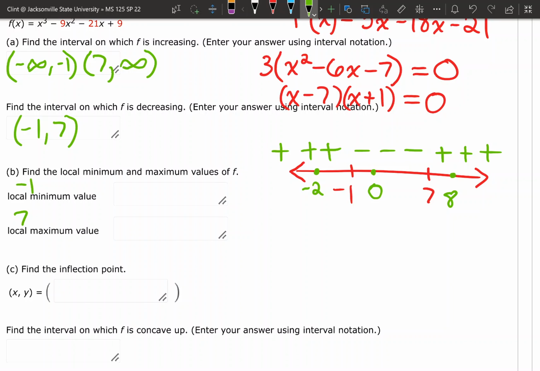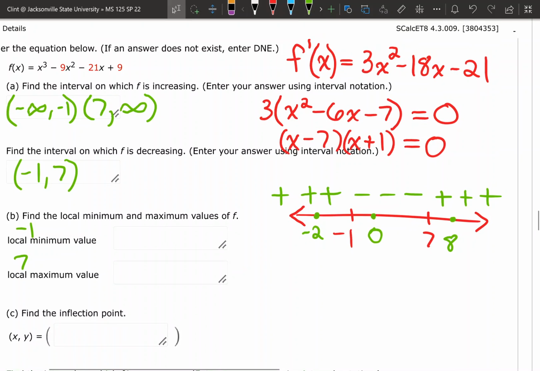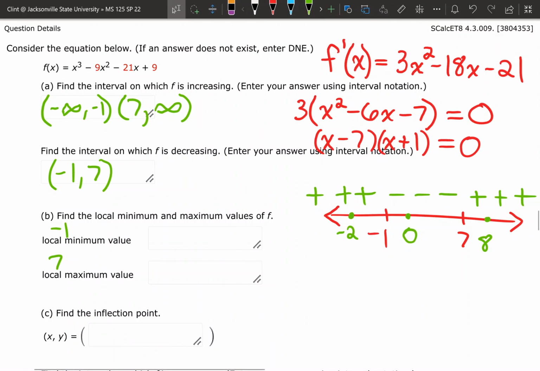If we want to actually get the minimum or maximum value, what do we have to do with those? Plug it into, yeah, we really want to plug it into the original function. So we take these 2 and plug them in there and see what we get.